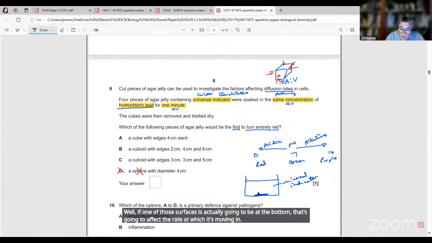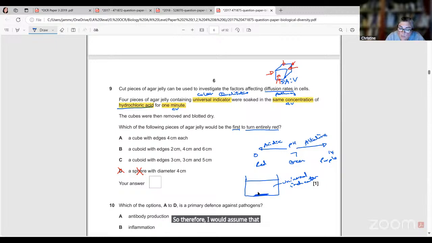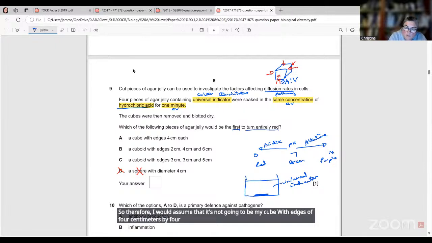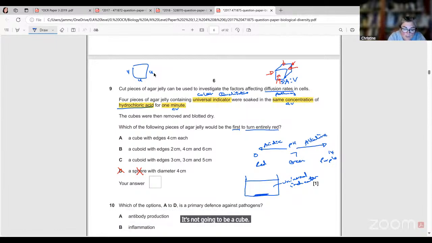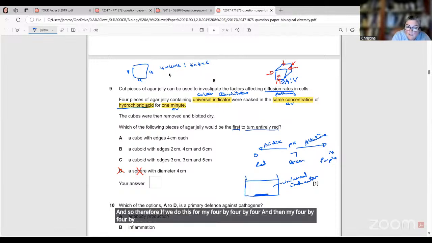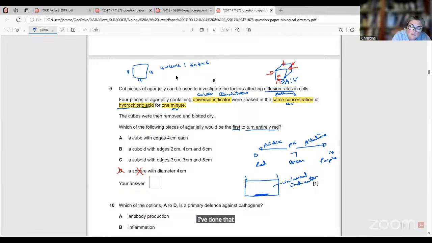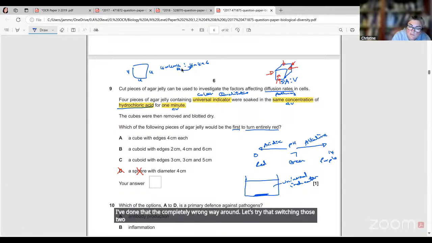So I would assume that it's not going to be my cube with edges of 4 centimeters, 4 by 4 by 4. It's not going to be a cube. If we do this for my 4 by 4 by 4, and then my 4 by 4 by 6, I've done that completely the wrong way around. Let's try switching those two the other way around, because it's surface area first.